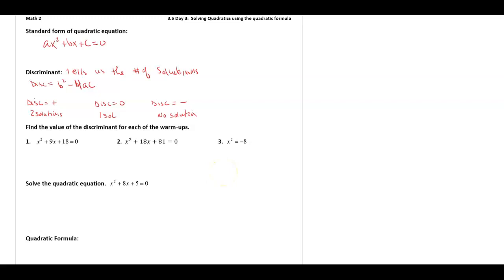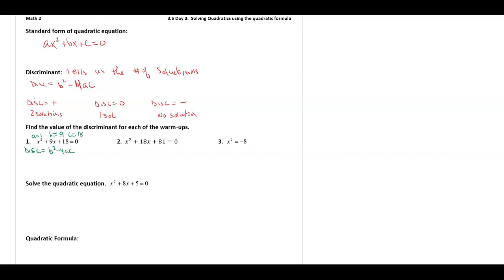So let's take a look at how we use the discriminant. In this first example, when we go to evaluate the discriminant, we're going to take b squared minus 4ac. Here, a is equal to 1, b is equal to 9, and c is equal to 18.